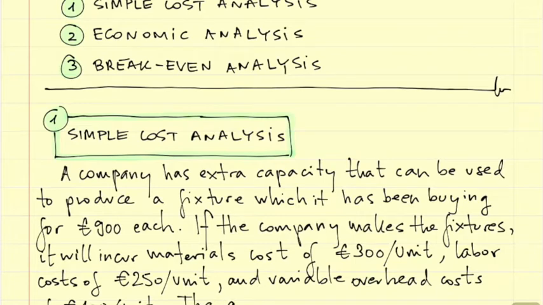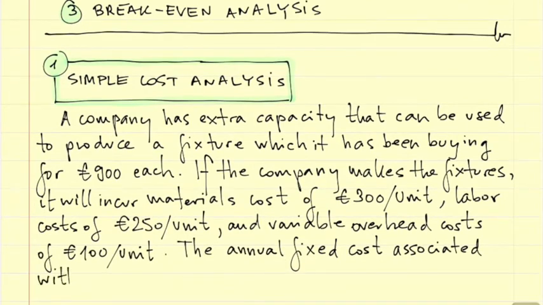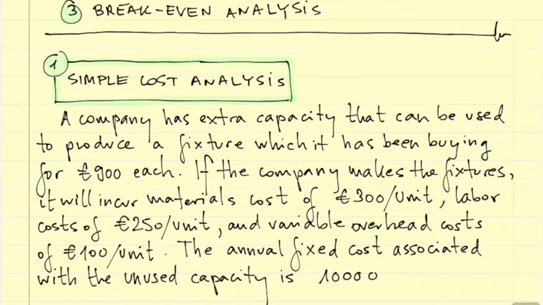The annual fixed cost associated with the unused capacity is €10,000.